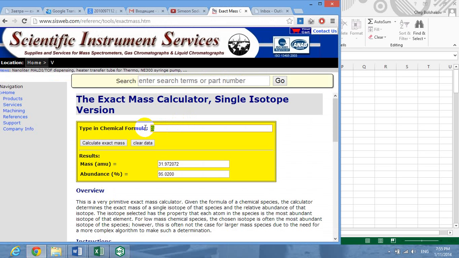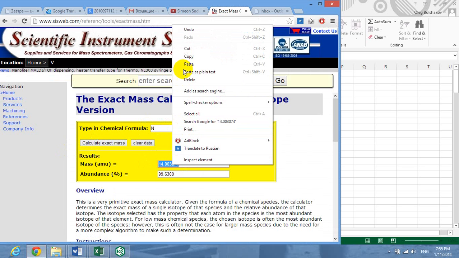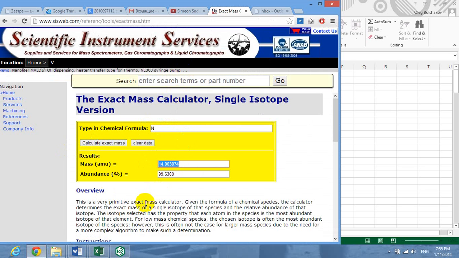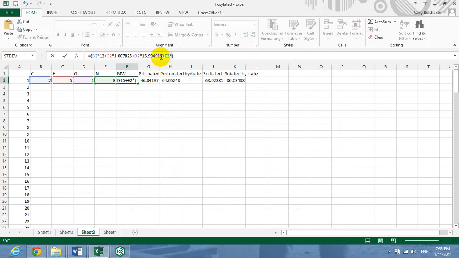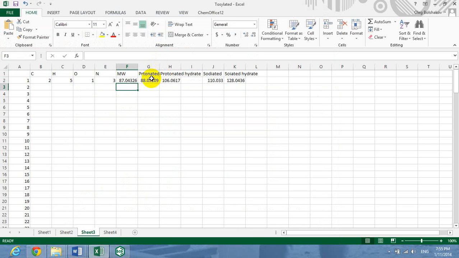The atomic weight of nitrogen is found in the exact mass calculator, which is 14. We copy it, go back to the Excel, paste it in the equation, press enter, and this is how we get the exact mass of the absolutely neutral molecule.